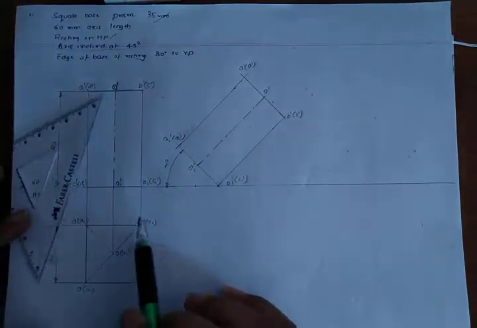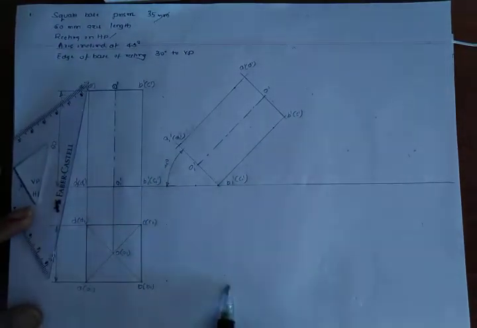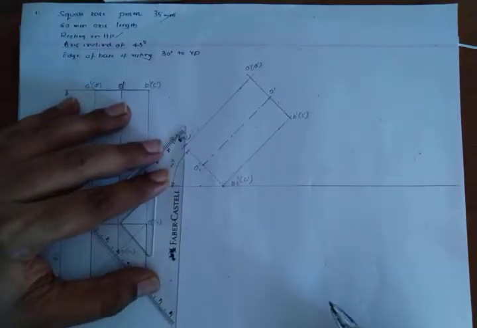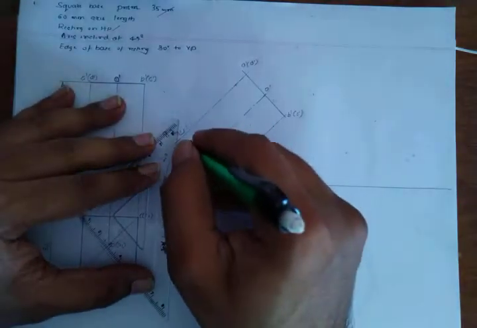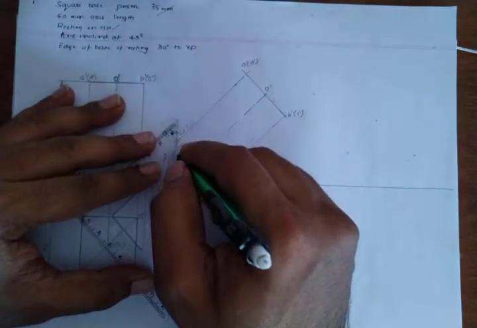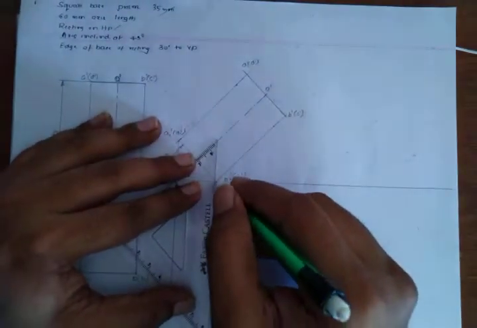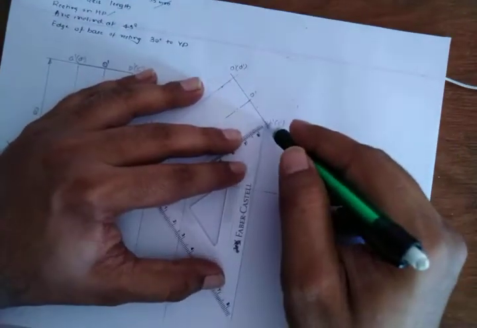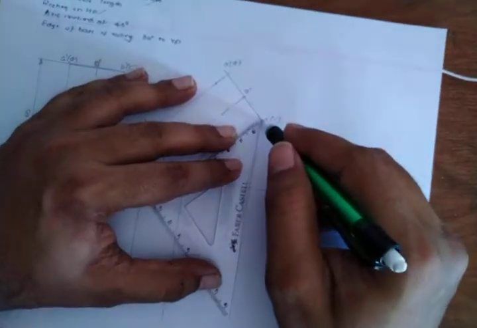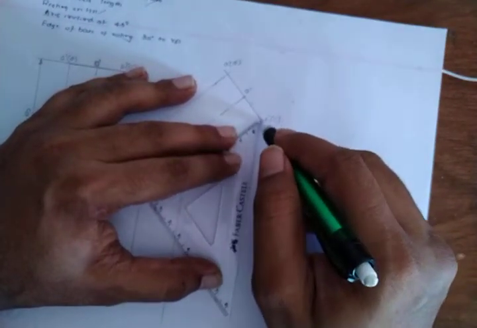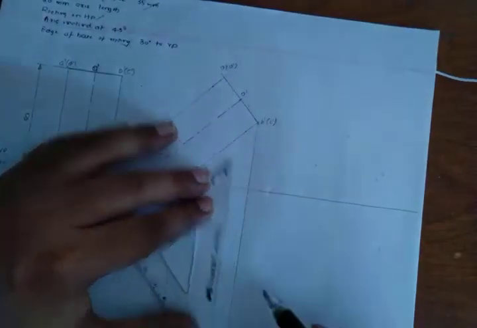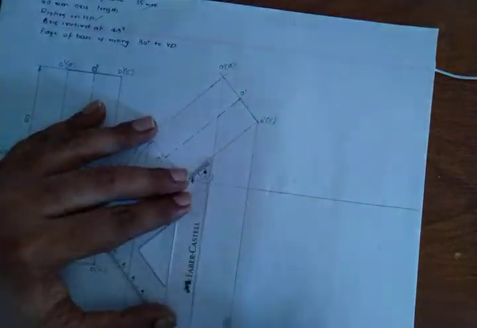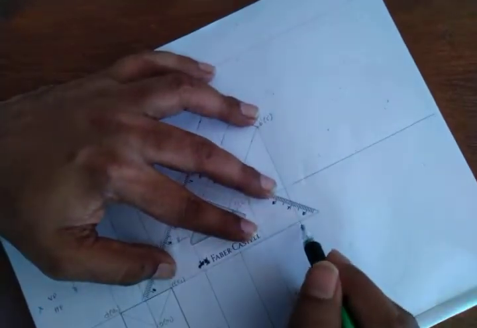So now to get the view here, you have to draw some projection lines from each corner.